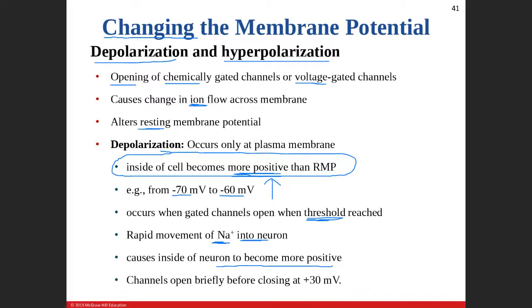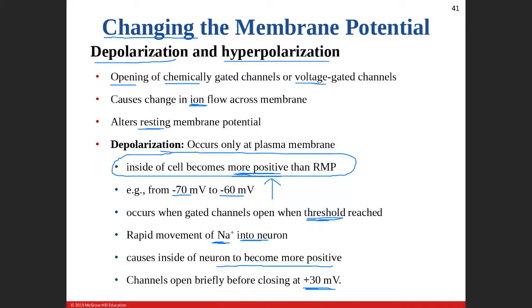So much sodium will enter so fast that for a brief moment it'll get into the positives. It'll become a positive 30 millivolts. Regardless, we've made the inside of the cell more positive. That term is called depolarization. You need to know that.